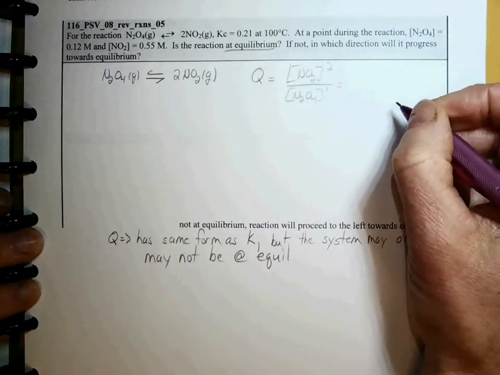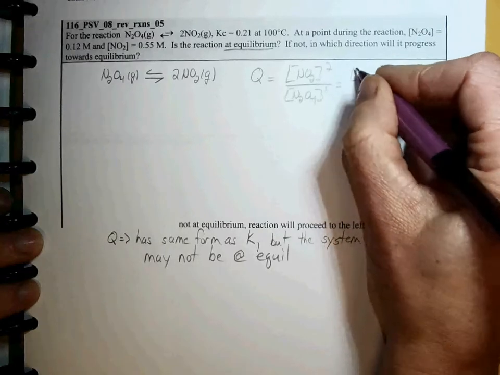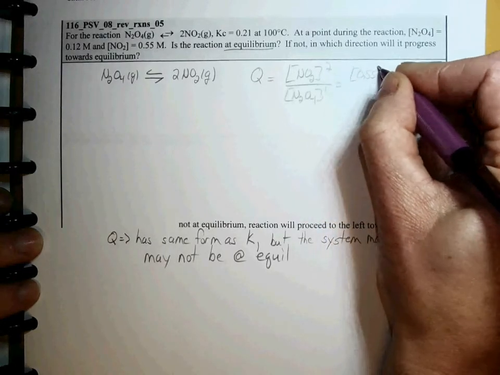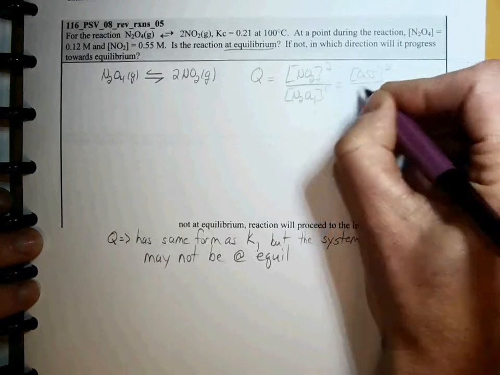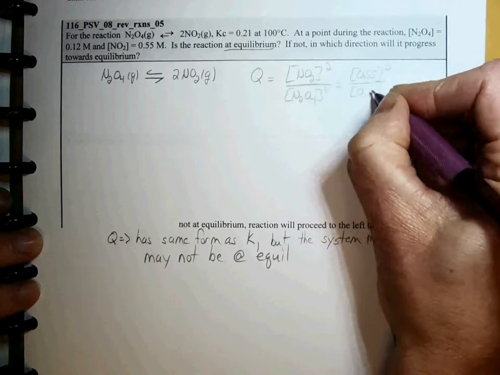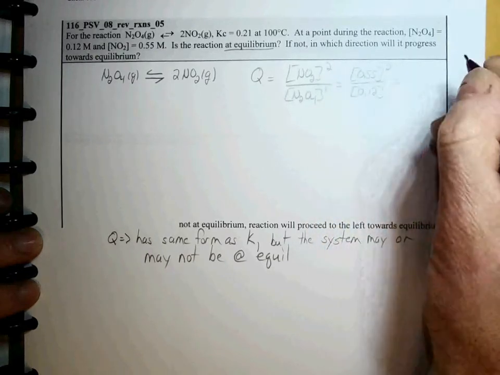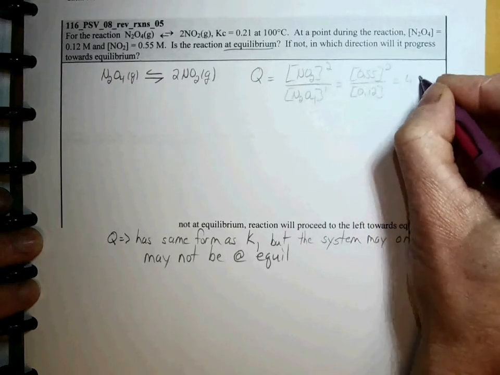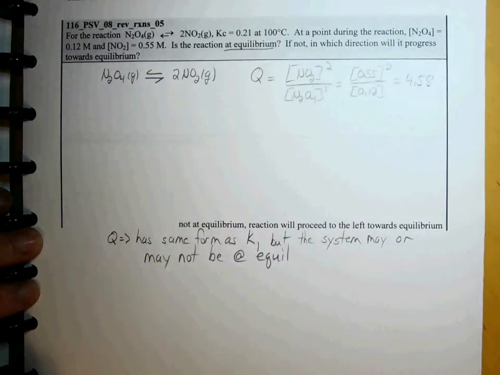We can substitute in our values for the concentrations at a given time, and if we calculate a numerical value, we find this is 4.58.